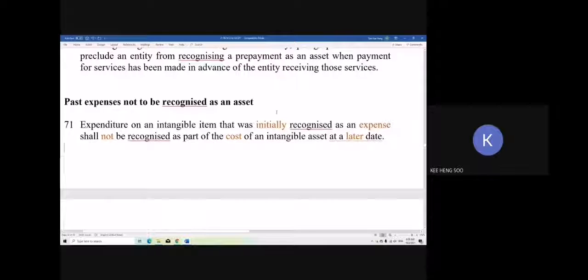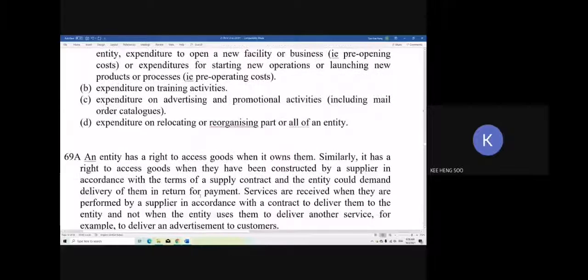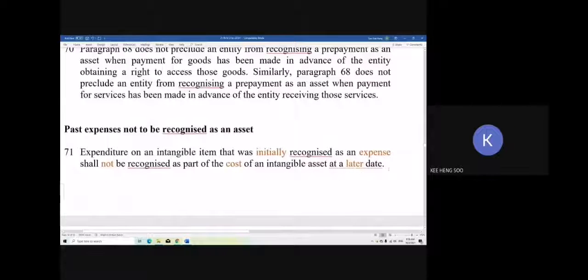According to the example there is 900 expenses. You spend 1,000, but you recognize 100 only. 900 expenses shall not be the cost in the future, even though recognition criteria are met. Yeah?